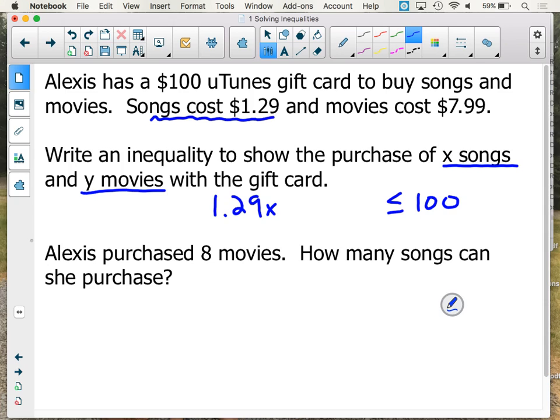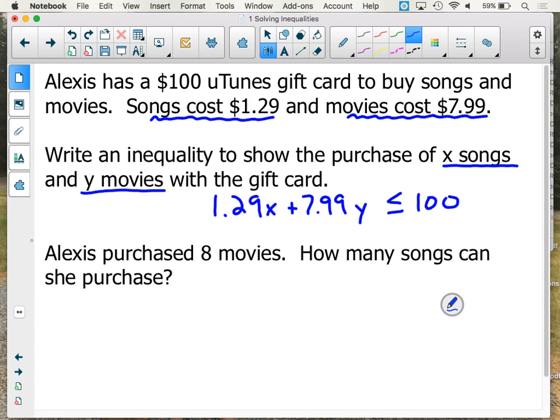And we're also purchasing movies that are $7.99 each. So let's add $7.99 times Y. So the cost of the movies is $7.99 times Y, and the cost of the songs is $1.29 times X. So this equation models a constraint that we have. The combination of purchases cannot be more than $100. It's less than or equal to.